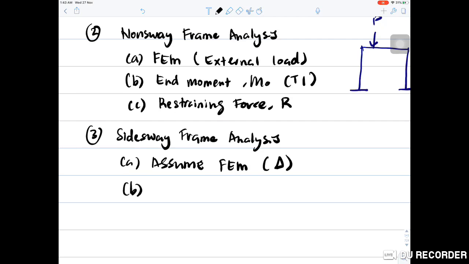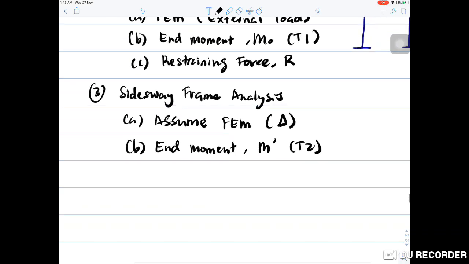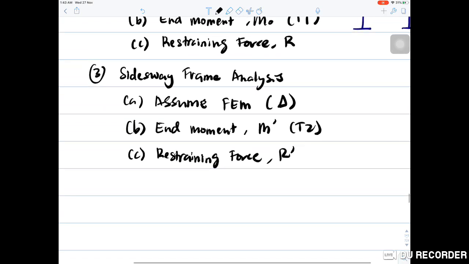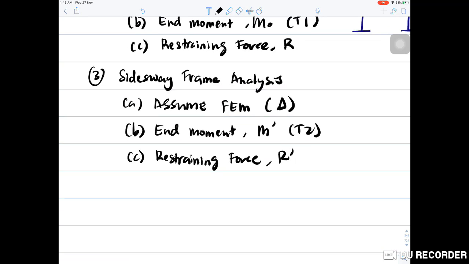B, we will calculate the end moment M prime from table 2, and after that we will calculate the restraining force R prime using static equilibrium.